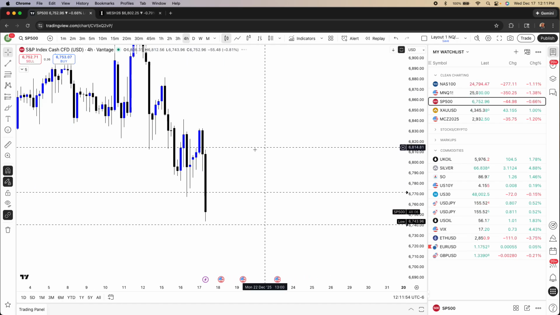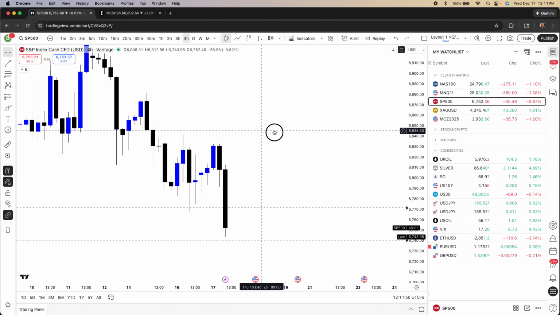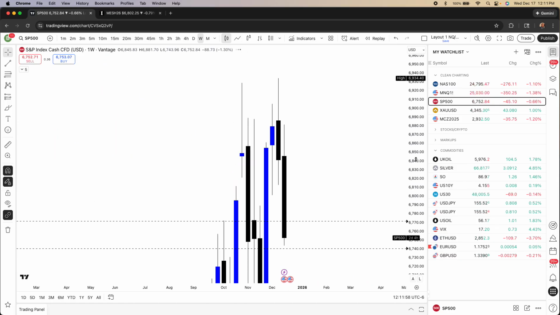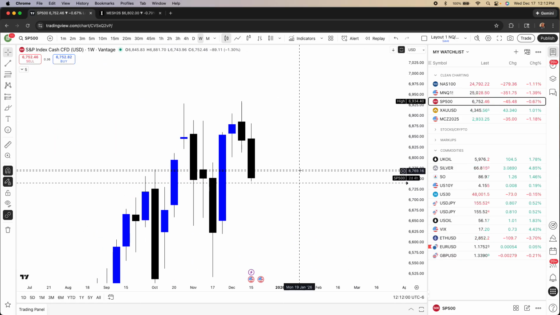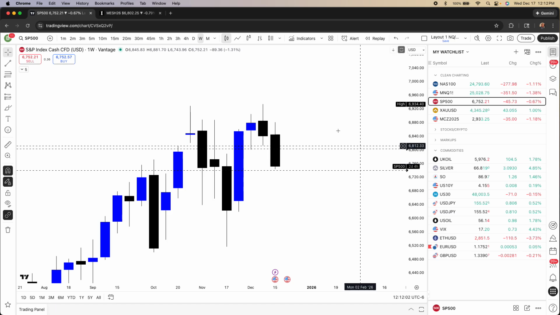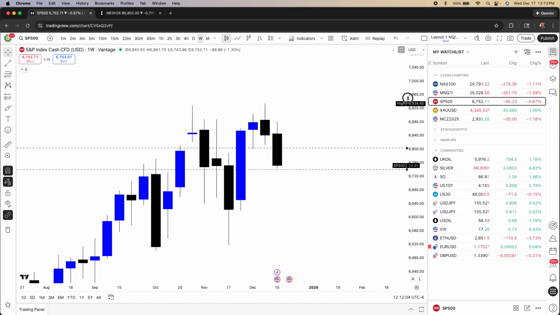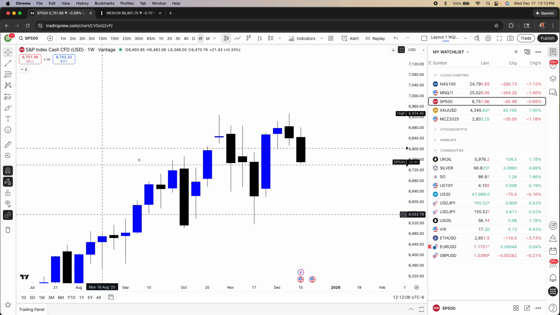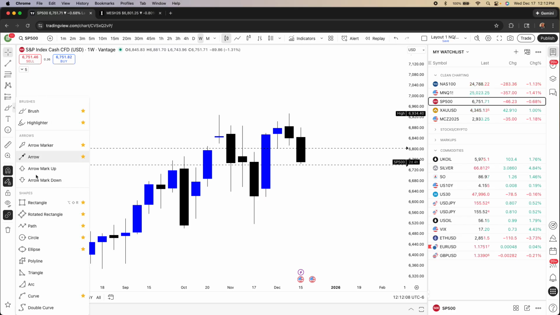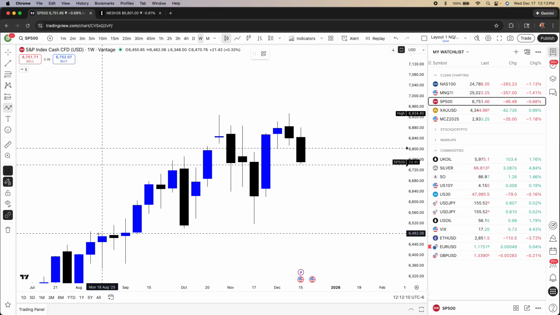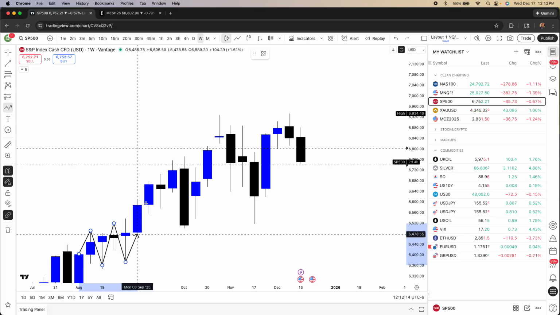So if we go starting on the 4-hour time frame, or actually let's start on the weekly time frame. If you've been here for a little while now, then you kind of already know what I expect off of the weekly chart. But anyway, if you have not, let's do a quick overview of that. So we have higher highs and higher lows being created on the weekly time frame.